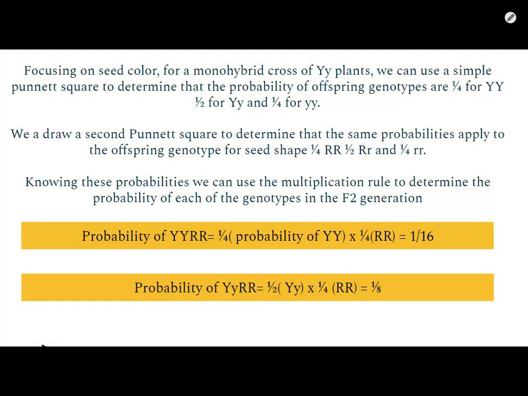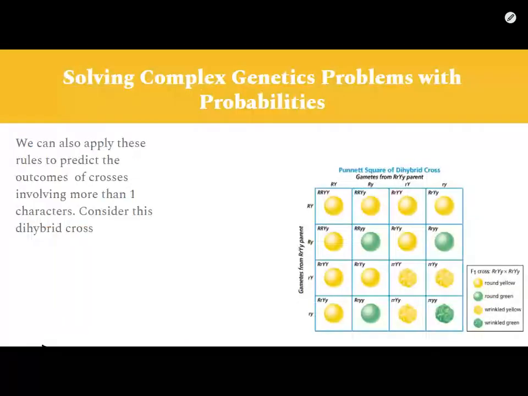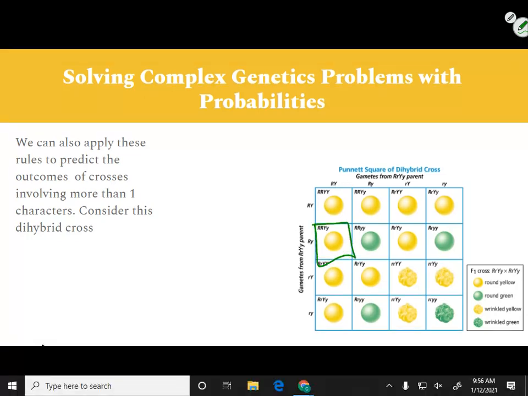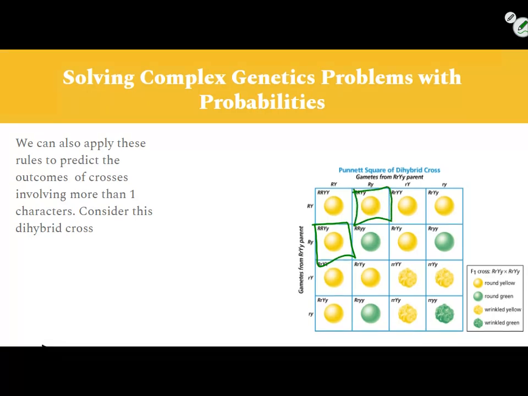Multiply those together, there's a 1 in 8 chance of getting this outcome with the heterozygote for Y and homozygote dominant for R. So you can do this math, or you can go back and see that, okay, we want heterozygote for Y and double dominance for R. So we could look through them, do the dihybrid cross.